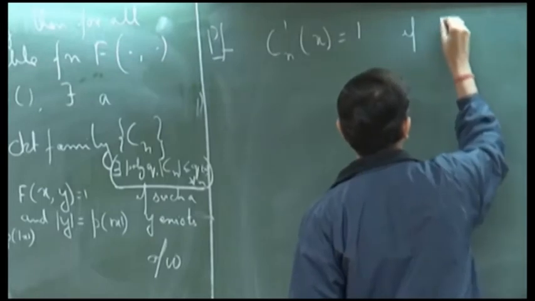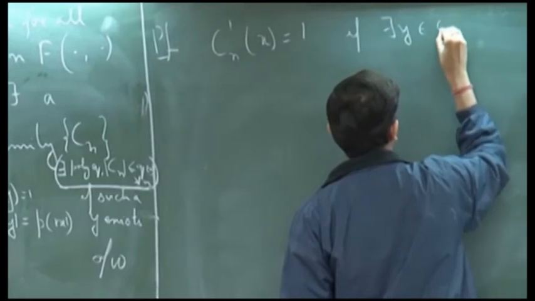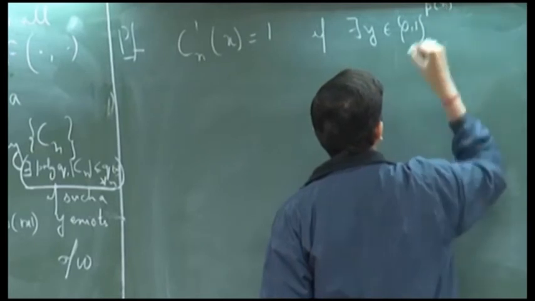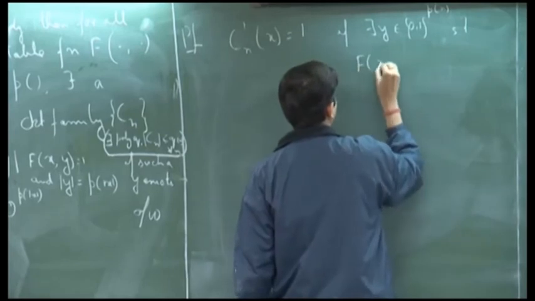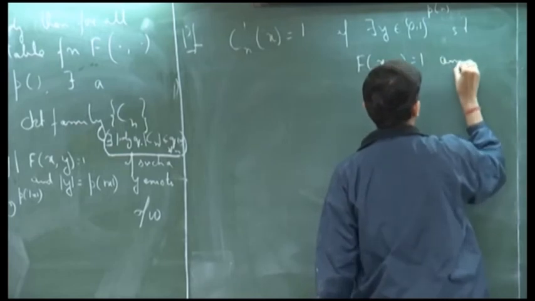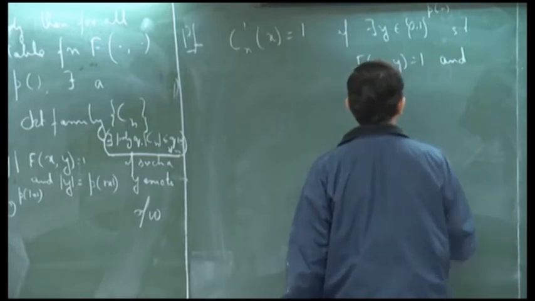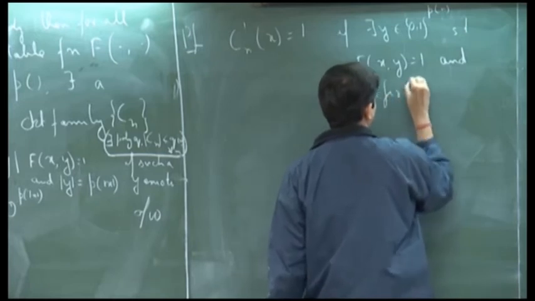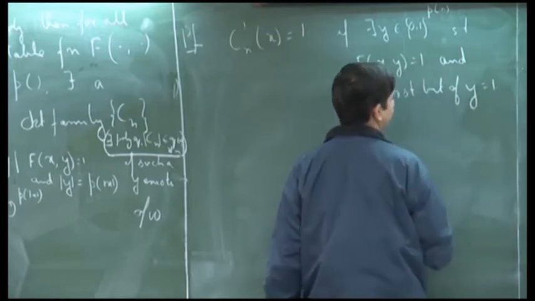if there exists a y of length p of n such that f of x comma y is equal to 1 and the first bit of y is 1.